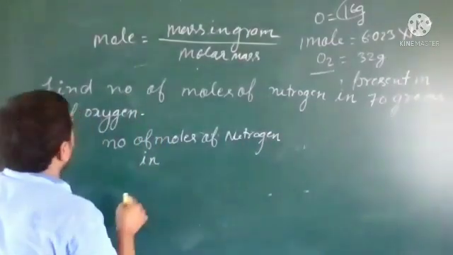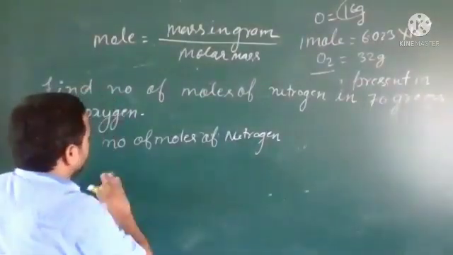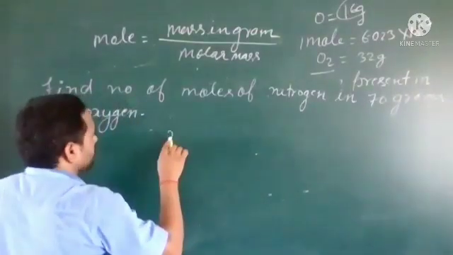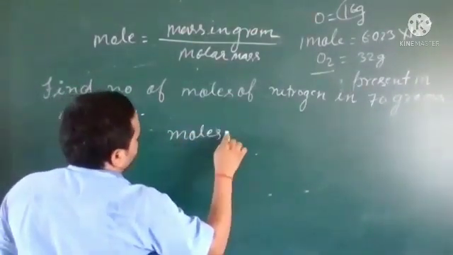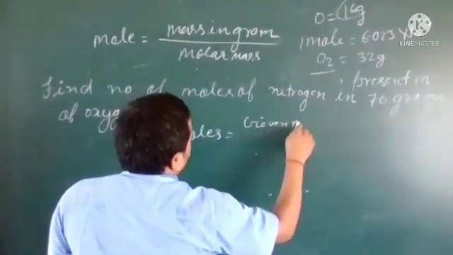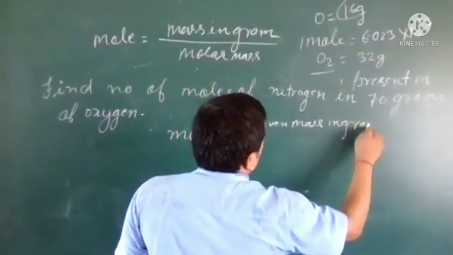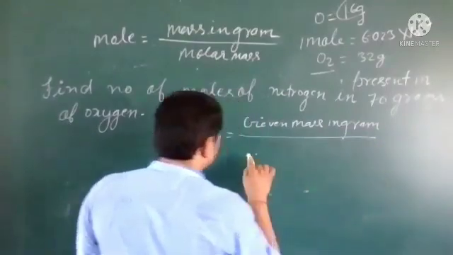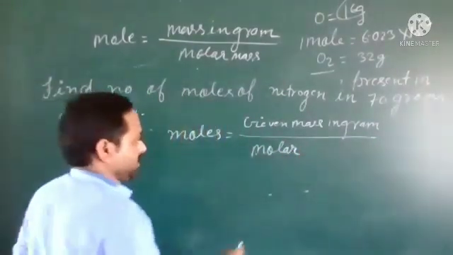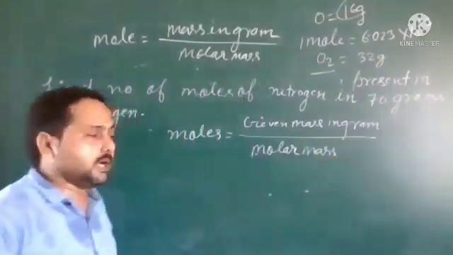Let me write the moles formula first: given mass in gram divided by molar mass. This is the formula of moles for any compound.